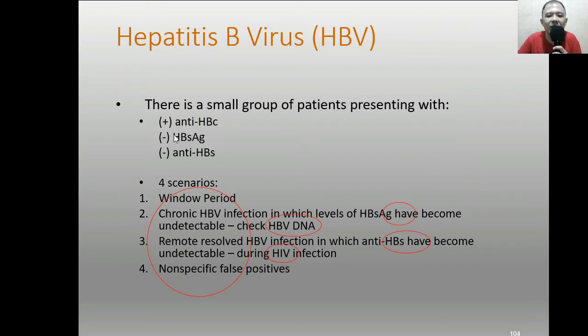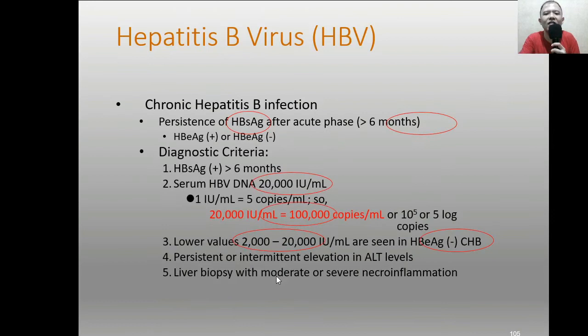For example, this one has become negative from being positive, then we have to check the HBV. Next, if you have an anti-HBS that has become undetectable, such as in HIV, because you have an immunocompromised patient. Okay, and non-specific false positives.